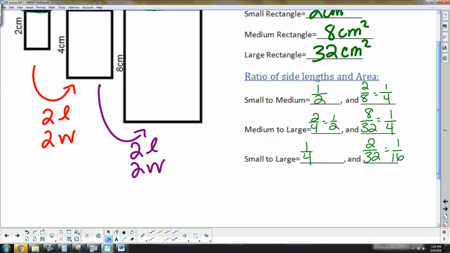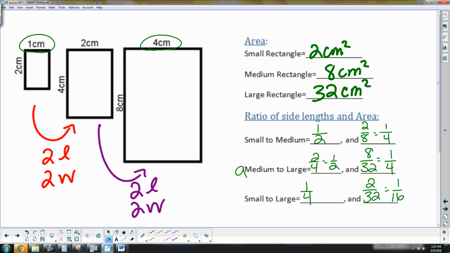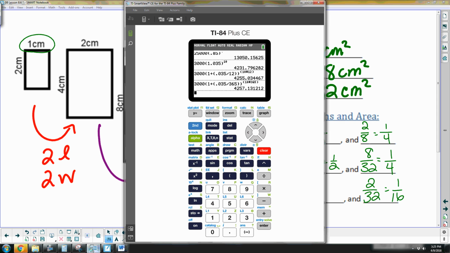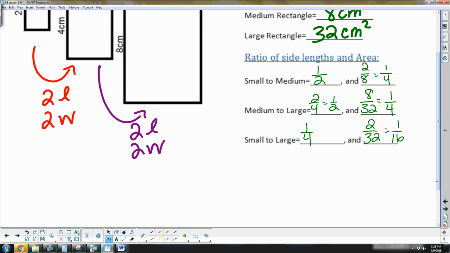to get from the side length to the area length, let's say the side length ratio is A to B. To get from our side length to our area, we can square that ratio.